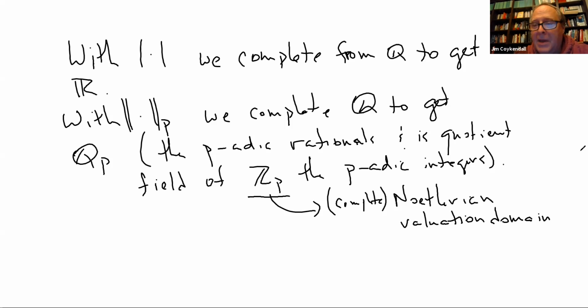This is a PID with a unique maximal ideal generated by p again. This one is uncountable. It's very, very large. Its quotient field is Q_p, and rather amazingly, it's Noetherian. Sometimes this is called a DVR, discrete valuation ring.